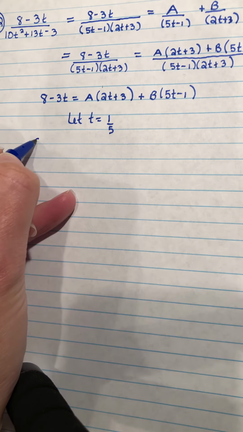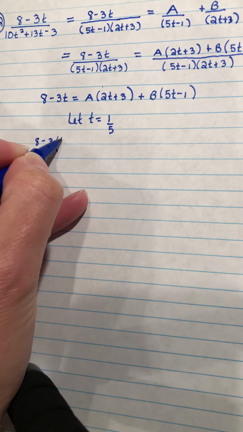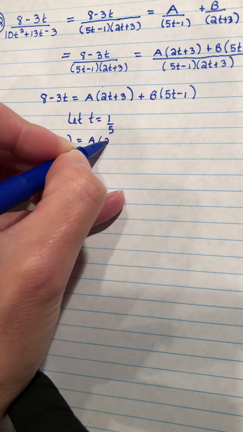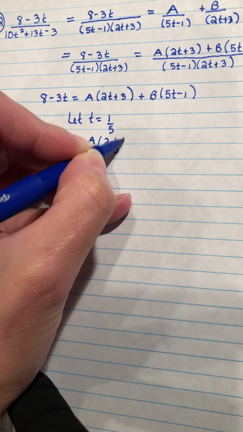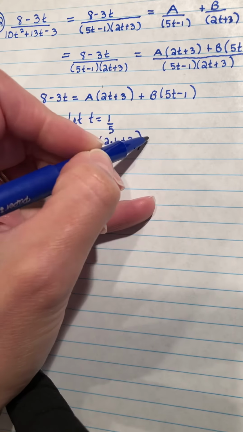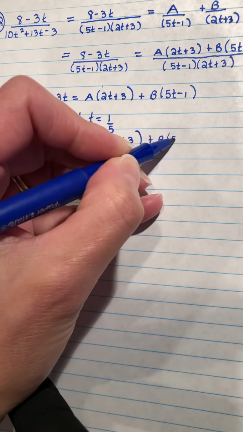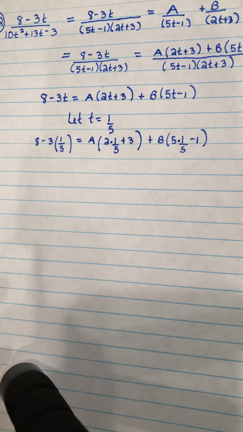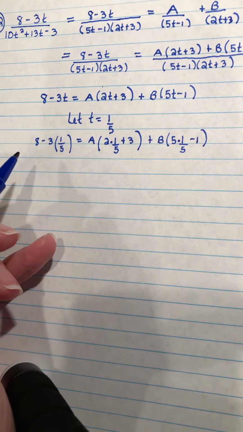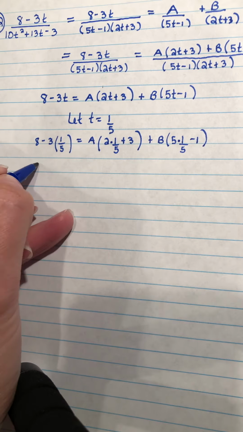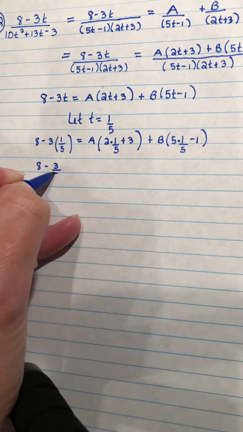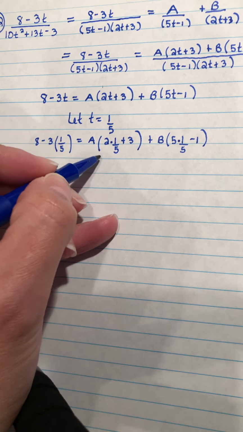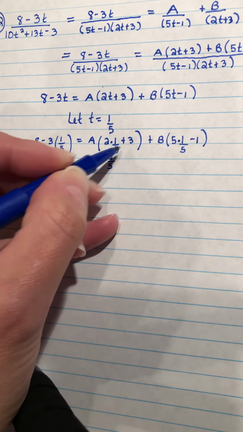So I'm going to say that 8 minus 3 times 1/5 equals a times 2 times 1/5 plus 3 plus b times 5 times 1/5 minus 1. Okay, now let's just do some fraction work here. This is going to be 8 minus 3 over 5 equals, now this will be 2/5, but I don't want to add that to 3 over 1.